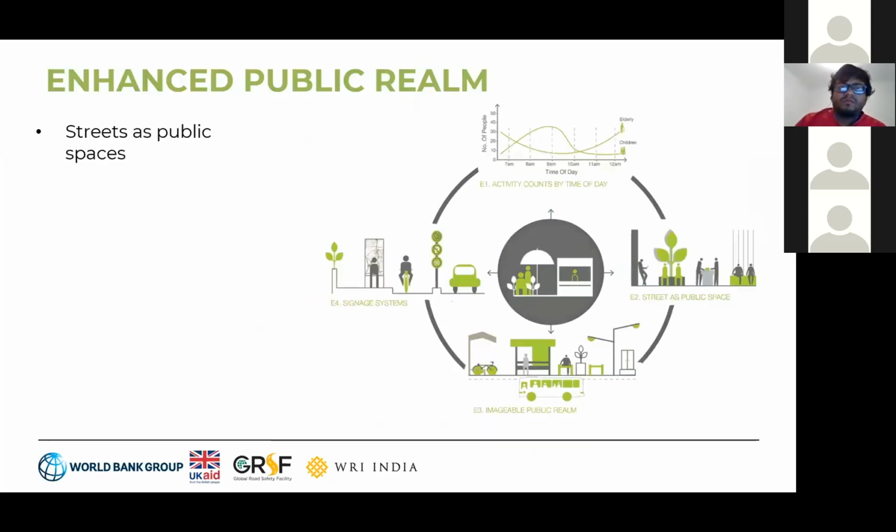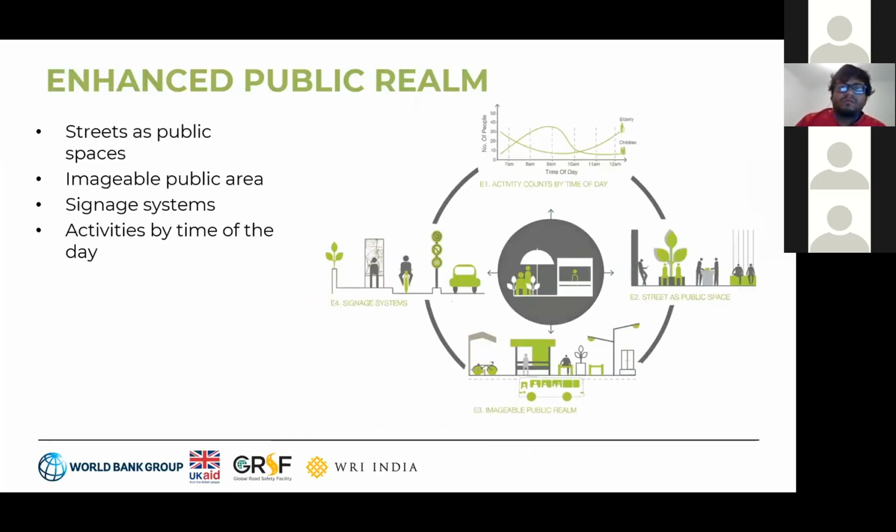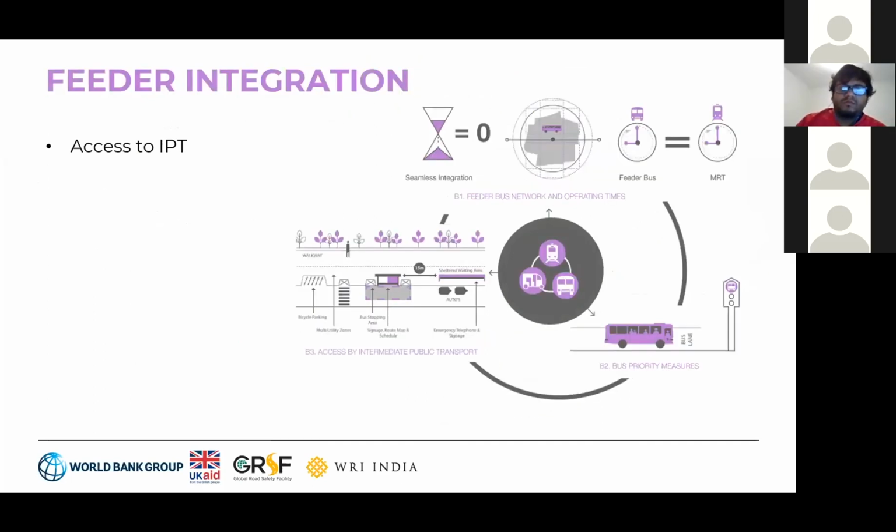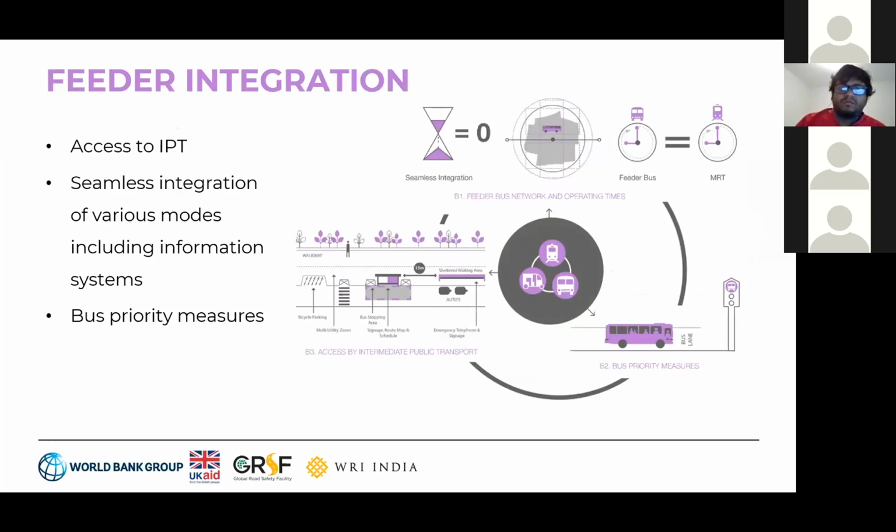The next strategy is about an enhanced public realm through streets as public spaces, imageable public areas, signage systems, and activities by time of the day. The third strategy focuses on provision of feeder integration through access to IPT, seamless integration of various modes including information systems, and bus priority measures.